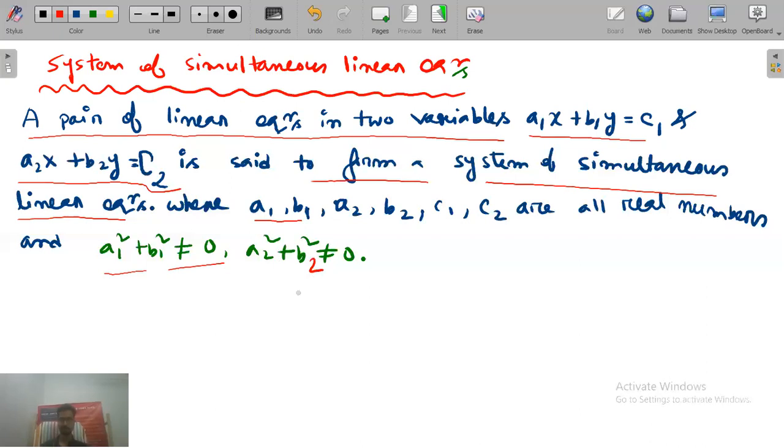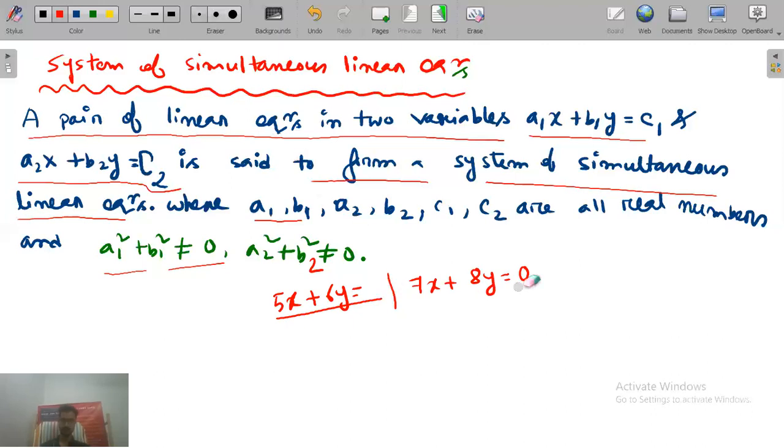What do you mean by this definition? Let me take two examples. Suppose 5x plus 6y equal to 0. This is one equation. Then suppose 7x plus 8y equal to 8, this is another equation.